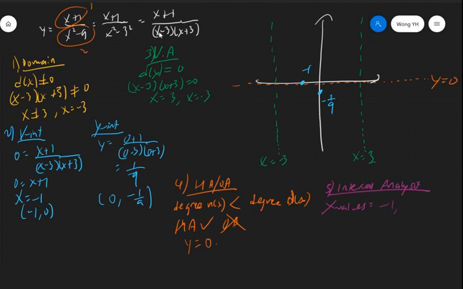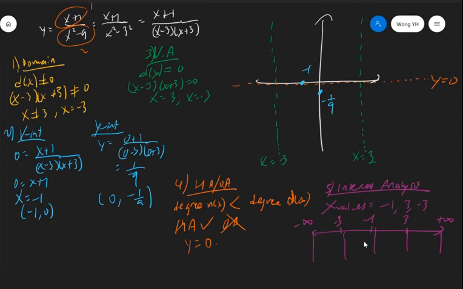You set the denominator equal to 0 and we get 2 x values, 3 and minus 3. Then you draw a straight line, putting values from small to big. So minus 3 comes first, followed by minus 1, then 3, ending with infinity. How many intervals will you have? 1, 2, 3, 4. So we have 4 intervals.